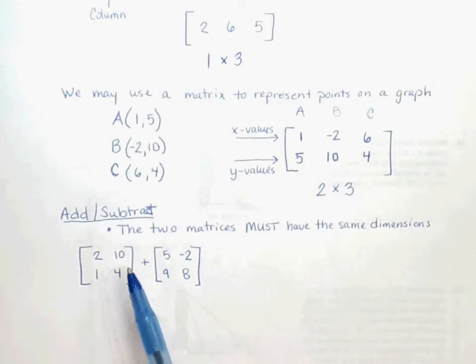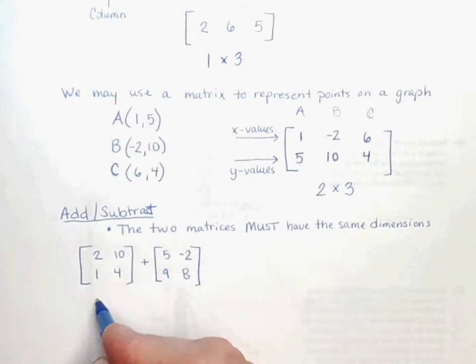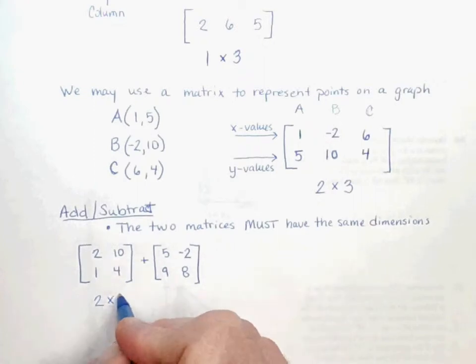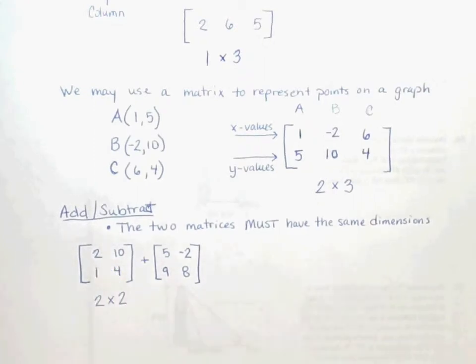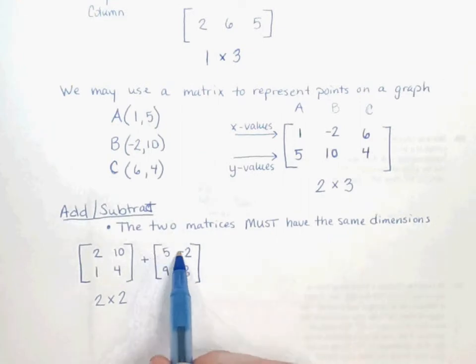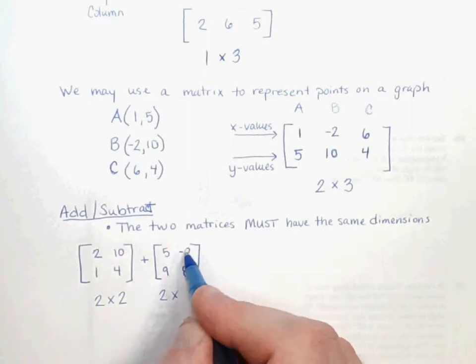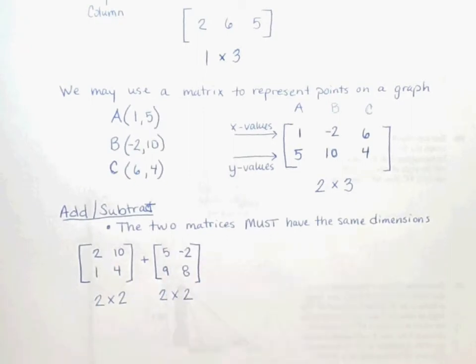I look at my first matrix and see that it has 2 rows and 2 columns, so this is a 2 by 2. This matrix also has 2 rows and 2 columns. So, are these the same? Yes, they are, a 2 by 2 and a 2 by 2.